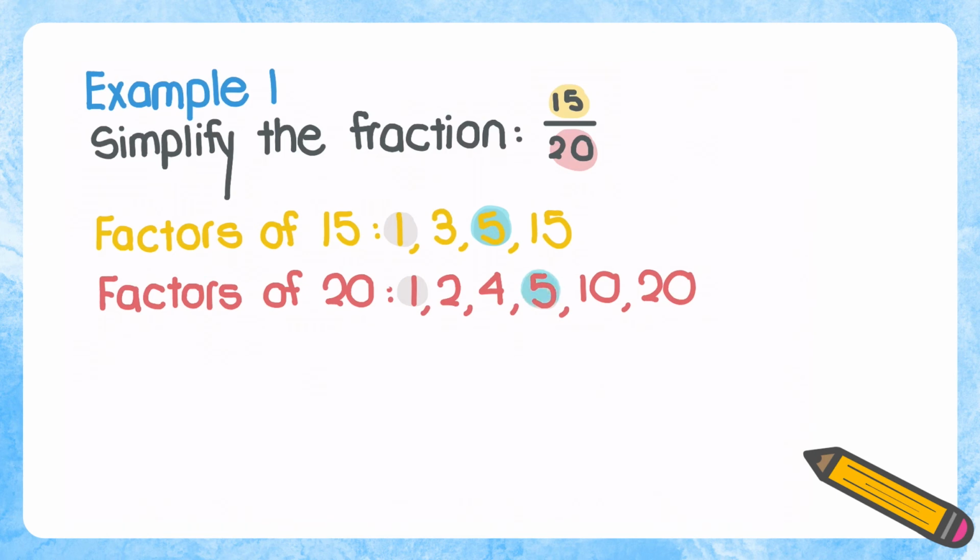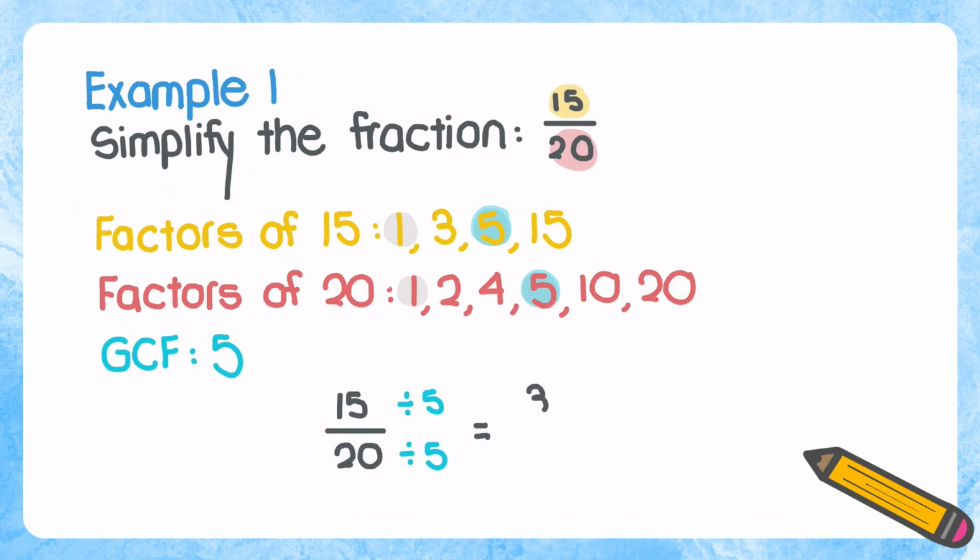So our greatest common factor, also known as the GCF, is 5. So what we're going to do is write out the original fraction, 15 over 20, and divide both the numerator and the denominator by 5. 15 divided by 5 equals 3 over 20 divided by 5, which equals 4.